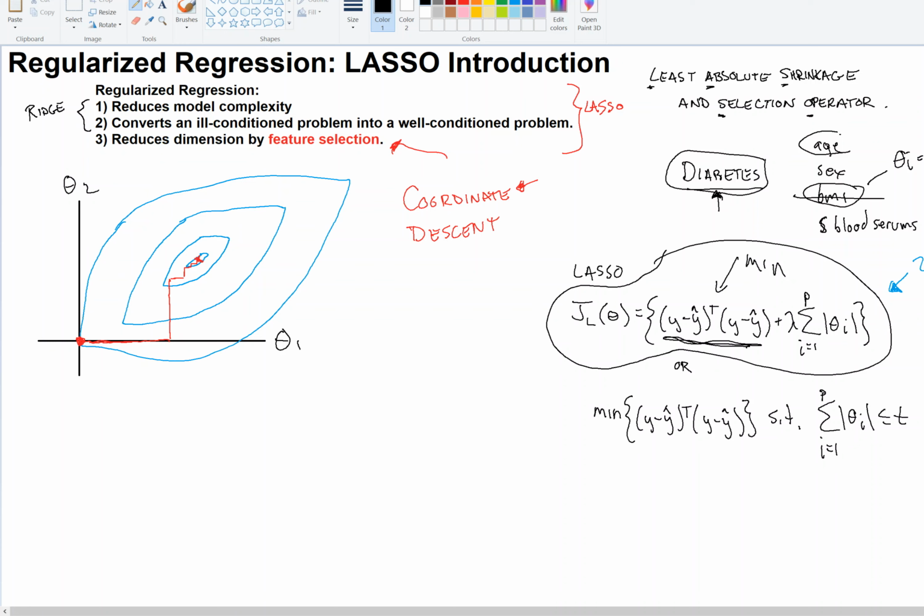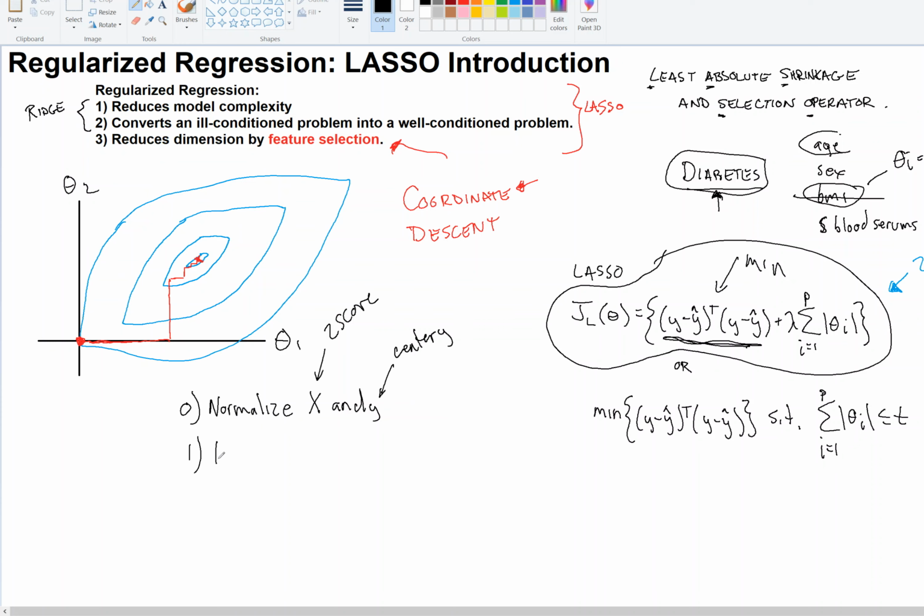So this algorithm in pseudocode looks like this. Step 0, first we're going to normalize. This is an important point. We're going to normalize data x and y, meaning center y, and then standardize, so use the z-score on x.